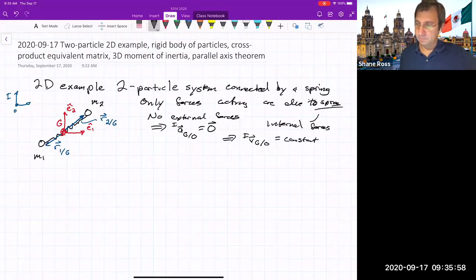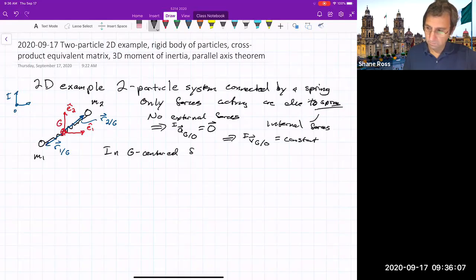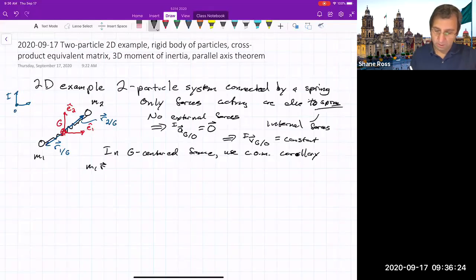We can look in this G-centered frame and use the center of mass corollary, as referred to by the book. The center of mass corollary means that M1 R1G plus M2 R2G equals 0.